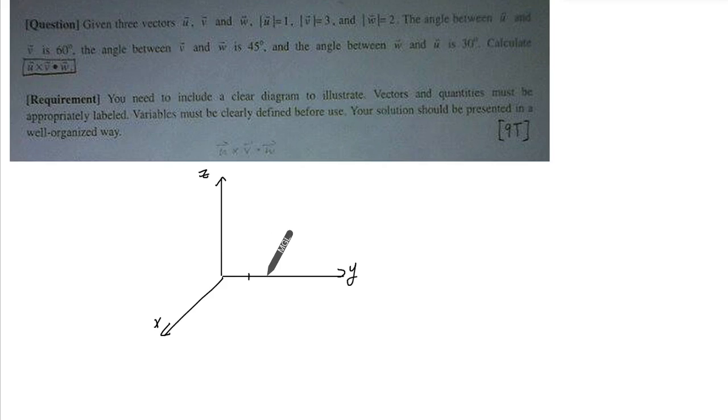So 1, 2, 3. This will be our v. And u will be something like this, and it's only a third of the way, right? And then we have our w that comes up like this.